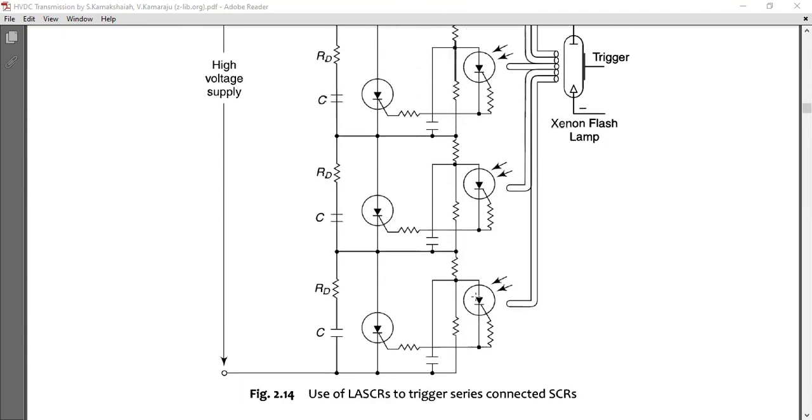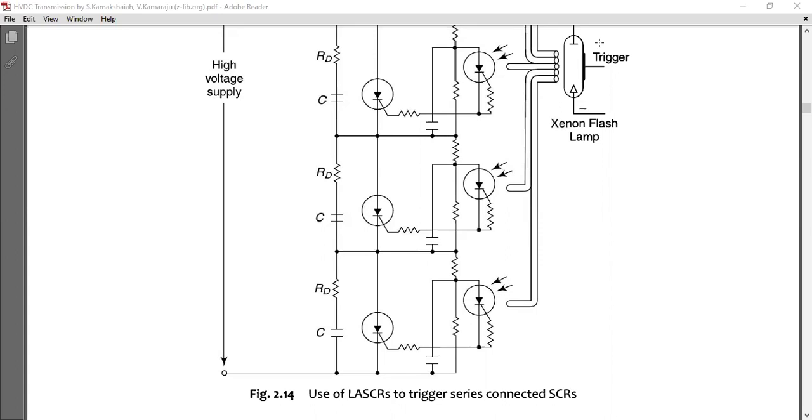See here, this is the figure for simultaneous triggering by means of light. All the SCRs are connected in series, and this is achieved by triggering LASCRs, light activated SCRs, in the gate circuit.